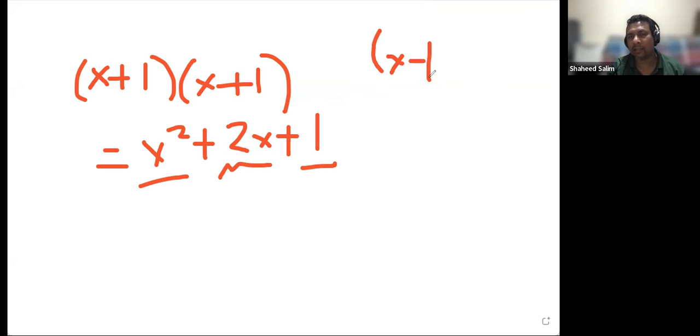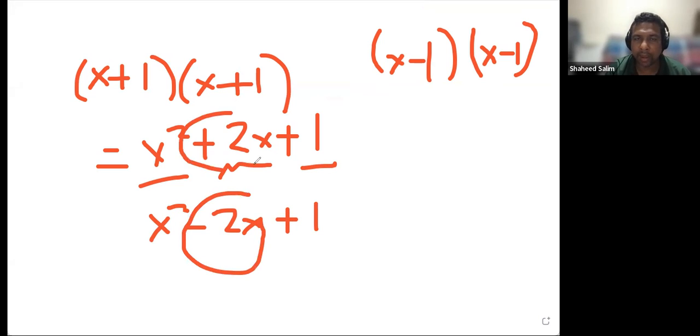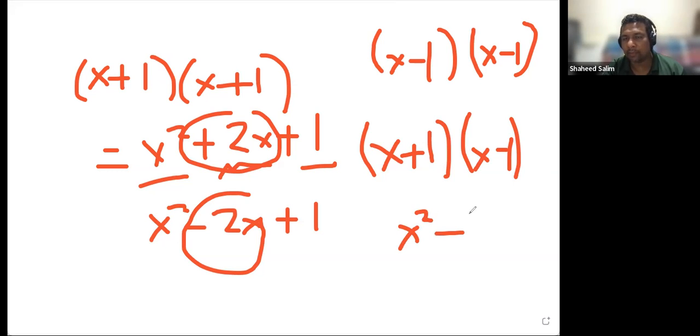Same thing, you will get a center term, x squared minus 2x plus 1. So the only time this center term will disappear is when one is plus and one is minus. But all of them can be squared. That means this number can be square rooted, this number can be square rooted.